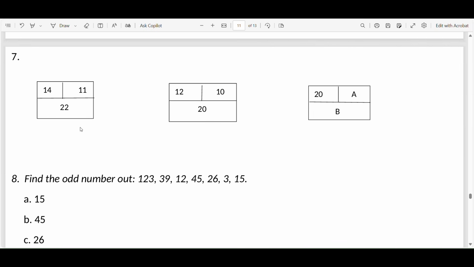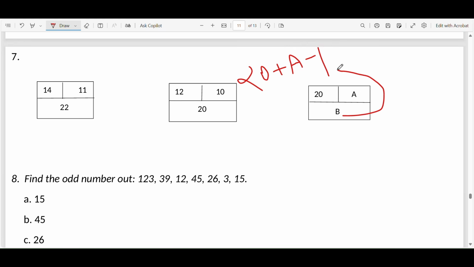See, here we are subtracting 3, here we are subtracting 2, and here we need to subtract 1. So for that purpose, 20 plus A minus 1 will give you B. B will be equal to this.